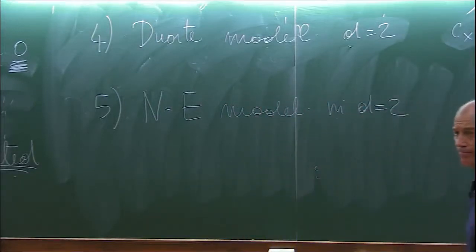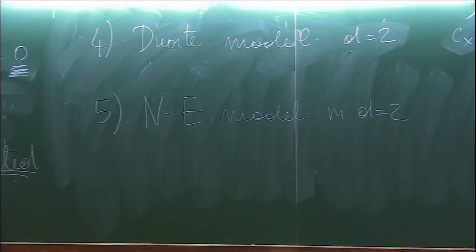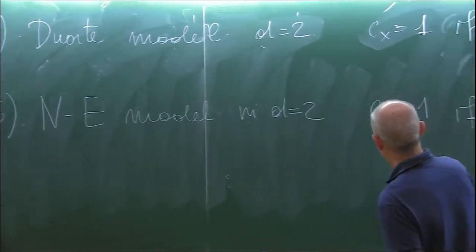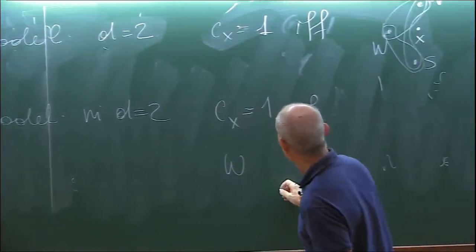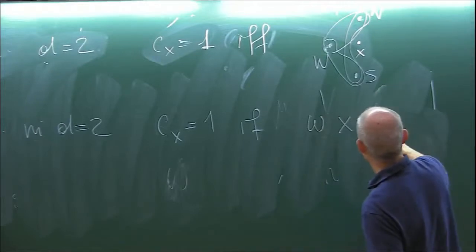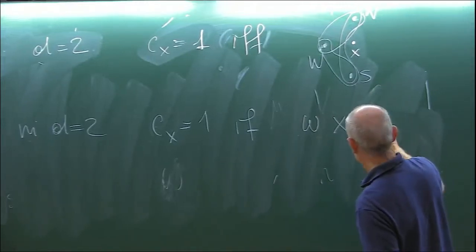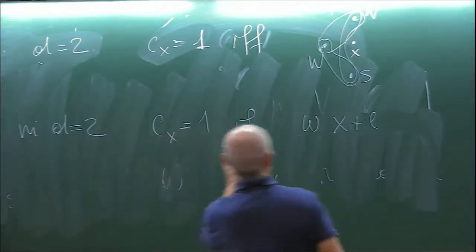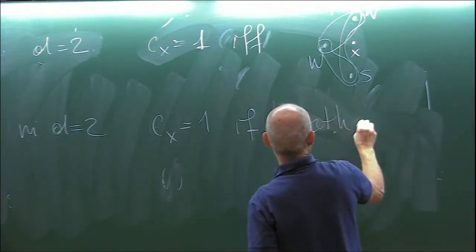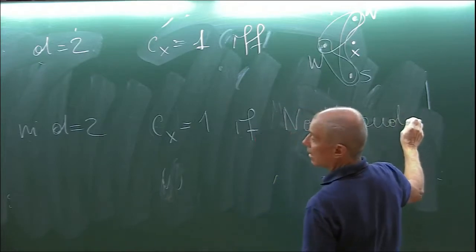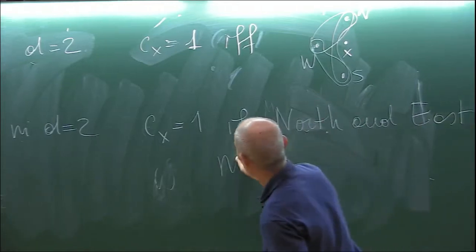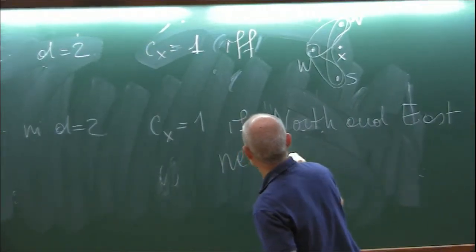So c_x is 1 if the north and east neighbors are 0.